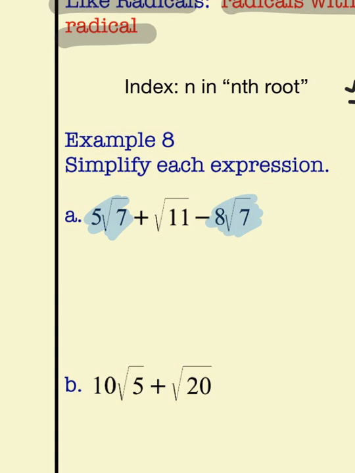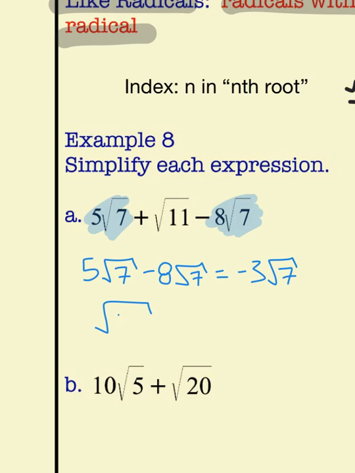I can combine those. So 5 square root of 7 minus 8 square roots of 7, it's going to equal negative 3 square roots of 7. So that whole expression is going to be equal to the square root of 11 minus 3 square roots of 7.